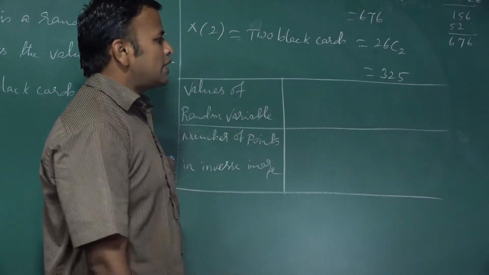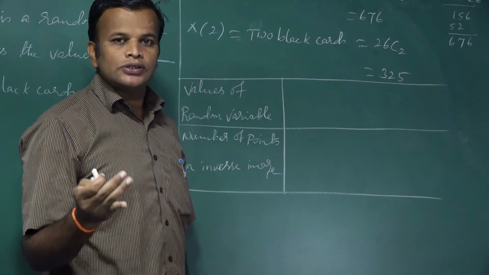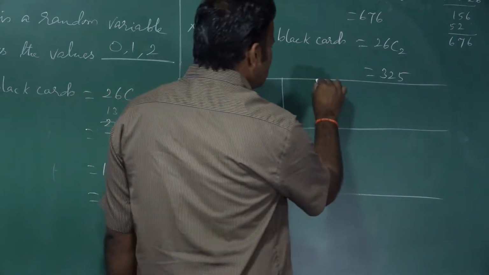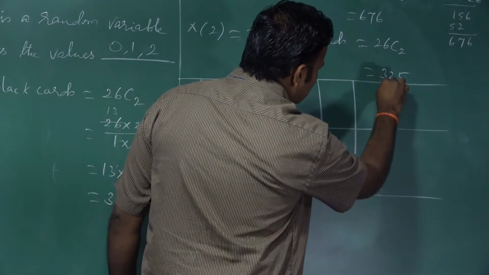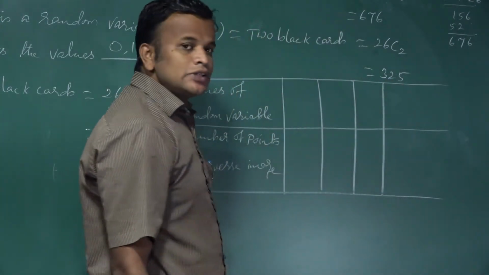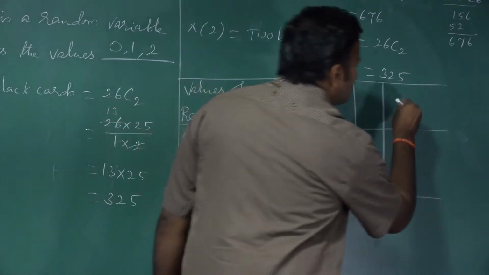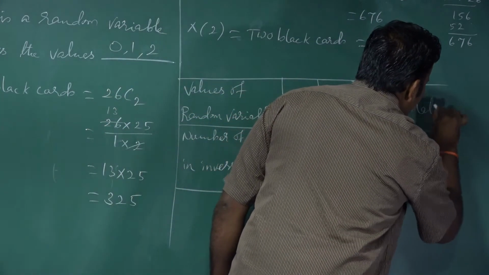How many values does the random variable have? There will be 3 values: 0, 1, 2. So we form 3 columns: 0, 1 and 2. And the final one is the total number of inverse images. So we write total.